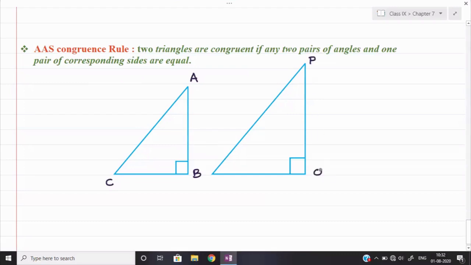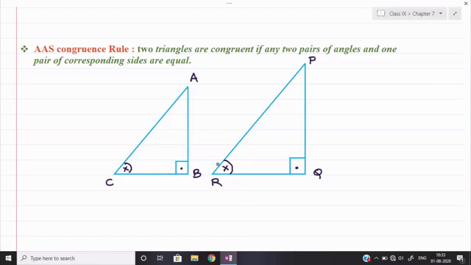Triangle P, Q and R. I see angle B and angle Q are equal, one thing, and if I given to us angle C and angle R is also equal to us. Now you will look the side between the two angles, means you will say that BC and QR should be also equal. No need. Angle side angle says the side required between the two angles.